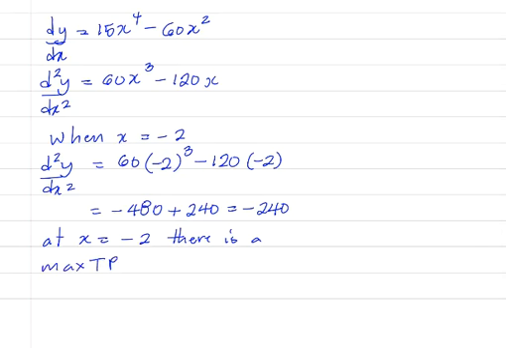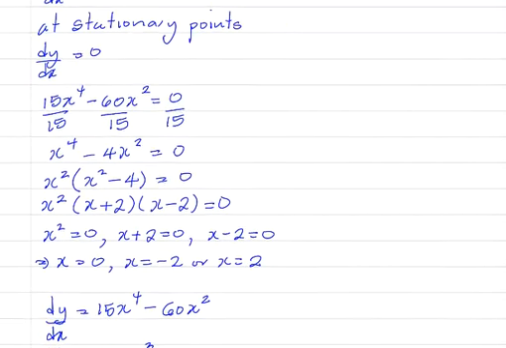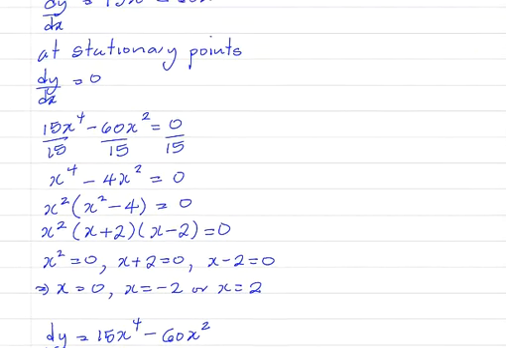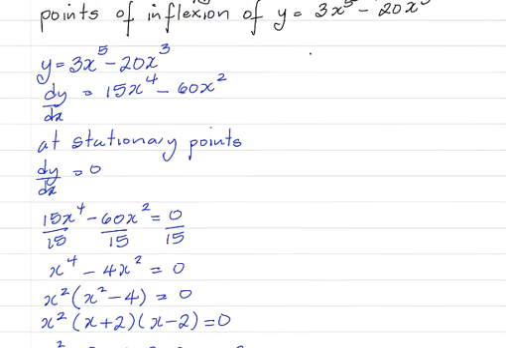All right, let's go back up, utilize this page as much as possible. Start back again with d2y by dx squared, which is equal to 60x to the 3 minus 120x.